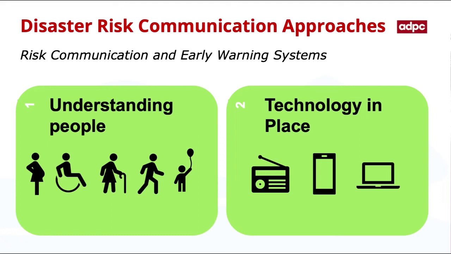Then, you need to identify various segments of the target population and analyze how they differ in terms of their ability to receive warnings and how this may affect their ability to comprehend and act on an early warning. The third step focuses on identifying the channels that you will use to transmit early warning messages to your target audiences, considering what technologies you need. The last step is defining which sources will be most trusted when sharing information.